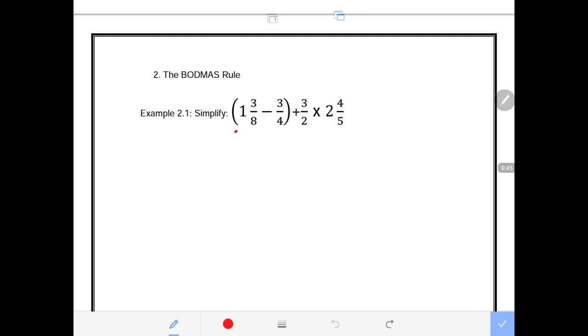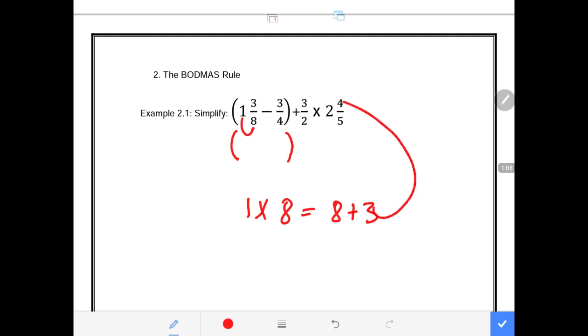Now we first have to deal with the brackets, where we simplify the fractions and remove the brackets. How to simplify the fraction? We say 1 times 8 equals 8. That will be plus 3.